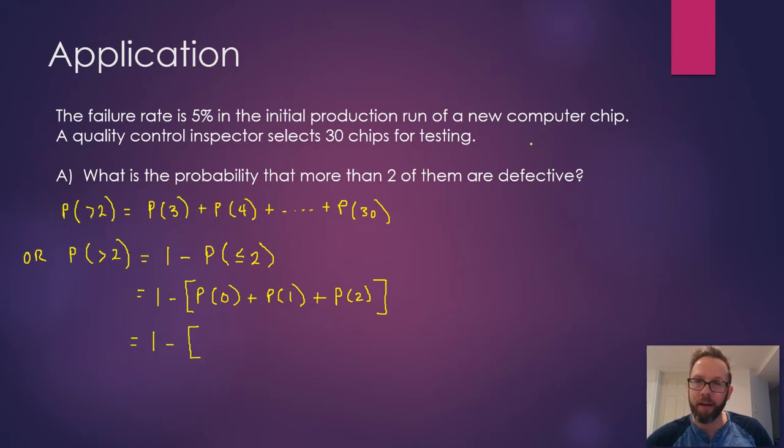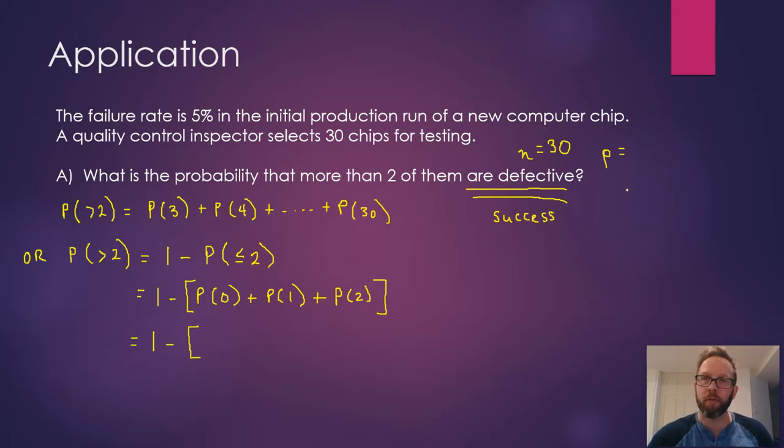So our N, we are testing 30 chips. Our P, so this is an interesting point. We are finding the probability that 2 or more are defective. So we're actually going to let our success be getting a defective chip. Sometimes students can have a hard time wrapping their minds around how a success can be something that's defective.